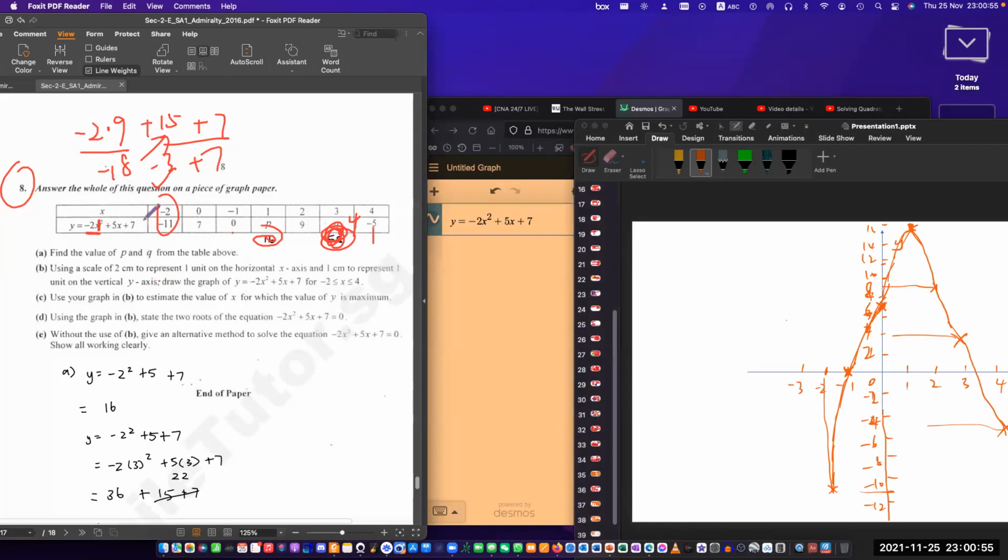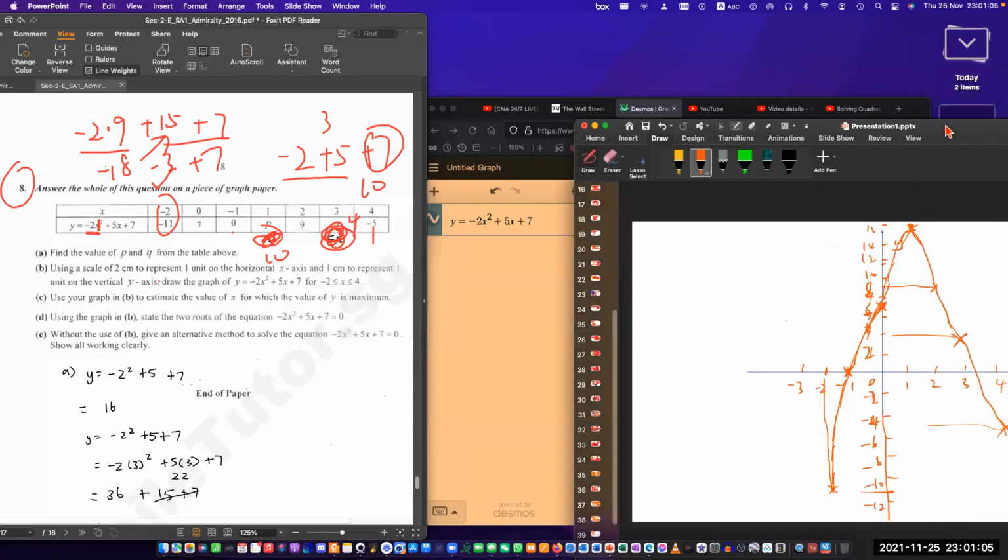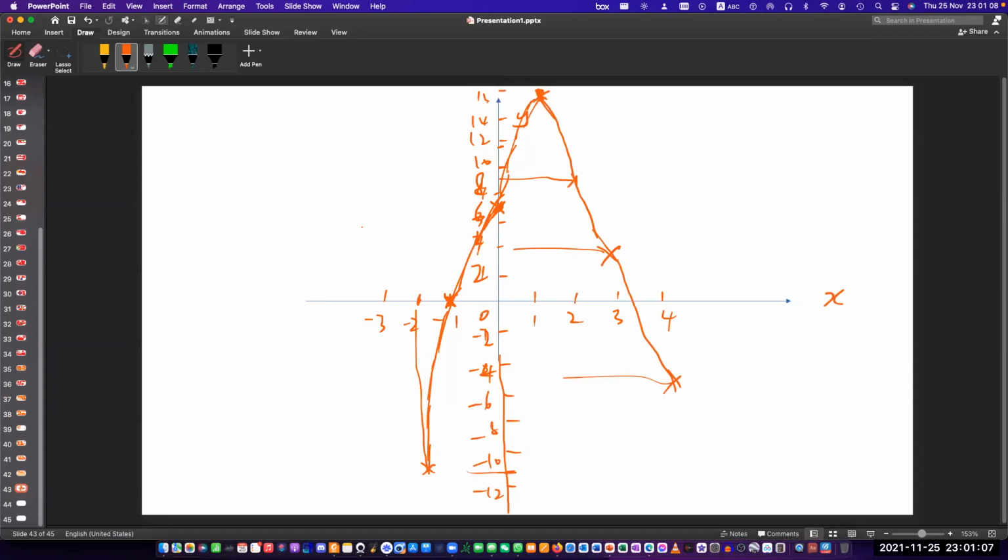So this is 1. So you have -2 plus 5 plus 7. So this is 3. This is 7. So it's 10. It should be 10, not 16. So this point is also wrong. So 1 is 10, which is here. So this point is not right. So this one looks better. Yeah, this is the curve. Right? This is the y equals to, what's the question?